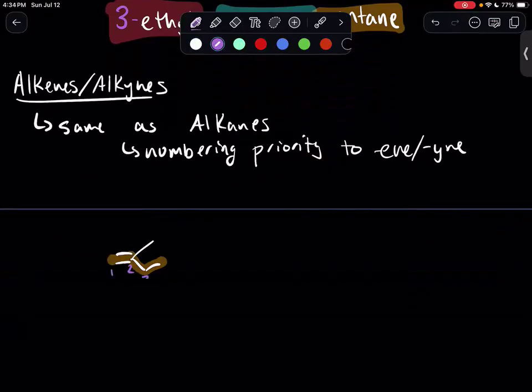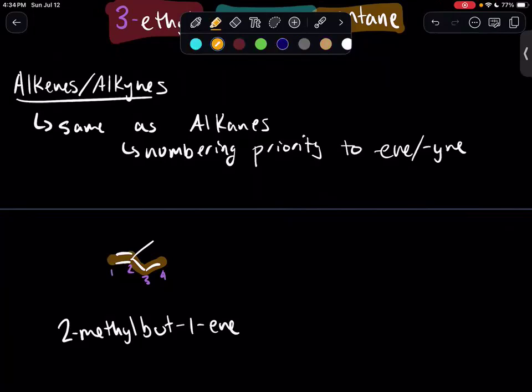I'll number these 1, 2, 3, 4, and we can see that this is going to be 2-methyl but-1-ene. We have our double bond, our 1-ene, and we have our methyl group on 2. So 2-methylbut-1-ene.